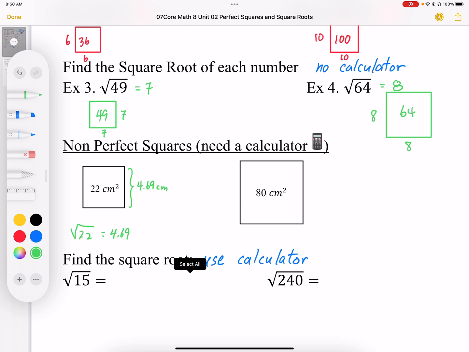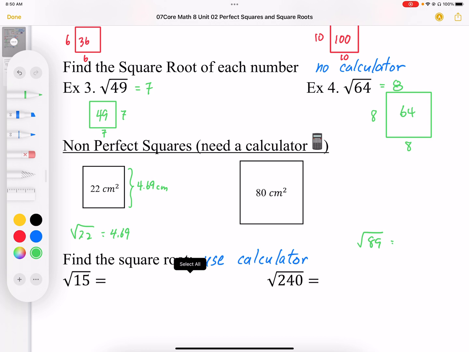So there's 89 squares in there. Again, I can't actually make a nice grid of 89 squares. That won't work. But we can make a square with 89 squares. It's a non-perfect square. And to find the side length, I square root. So square root of 89 is going to give me a side length of just over 9.